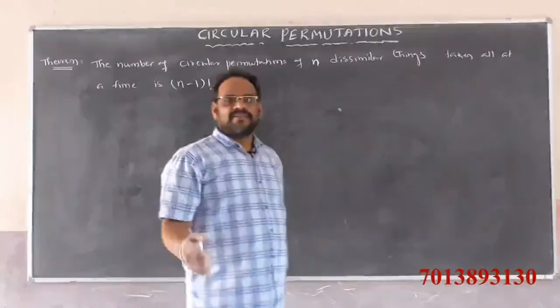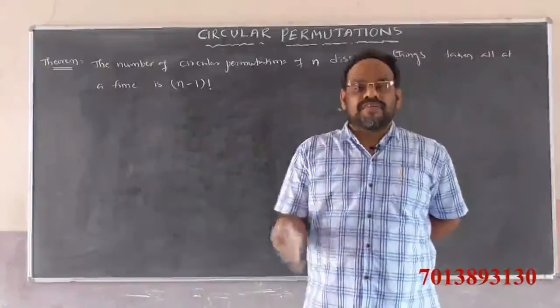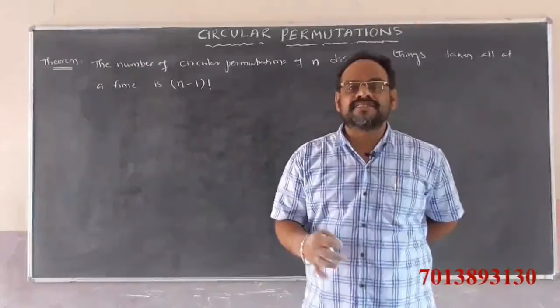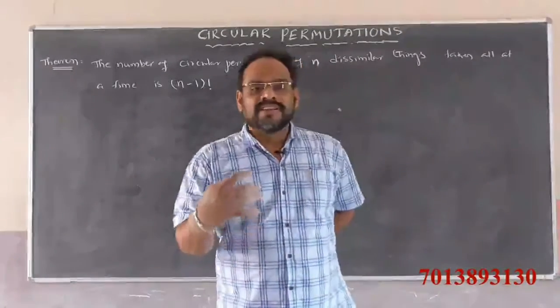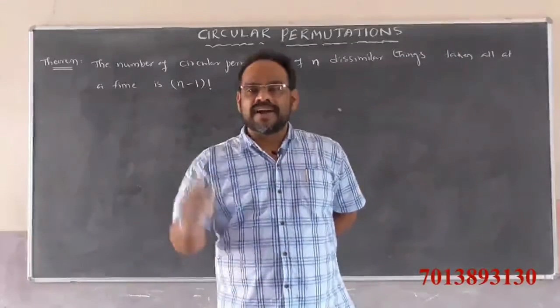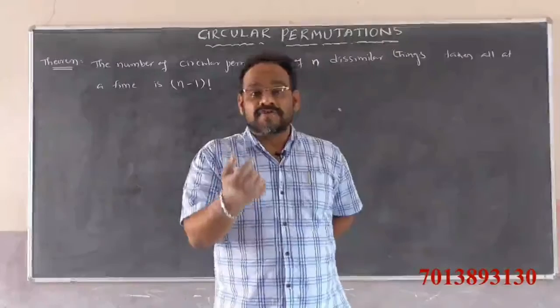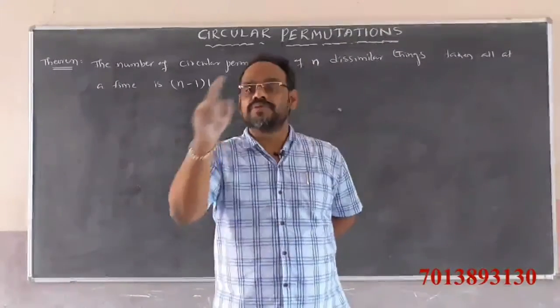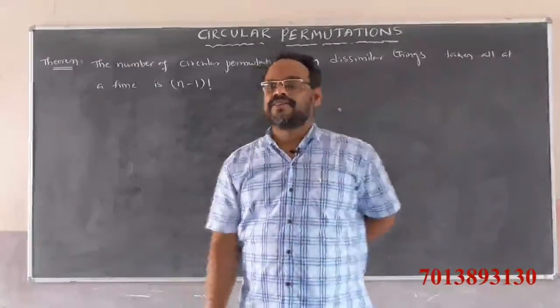We already discussed this in the previous example. If the number of objects is large, drawing the circular permutations to find their number is somewhat difficult.